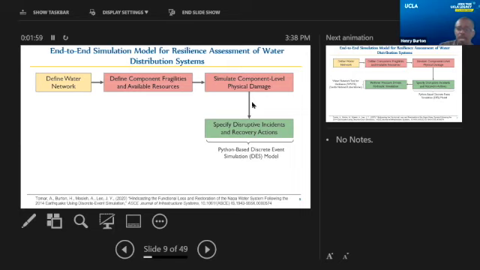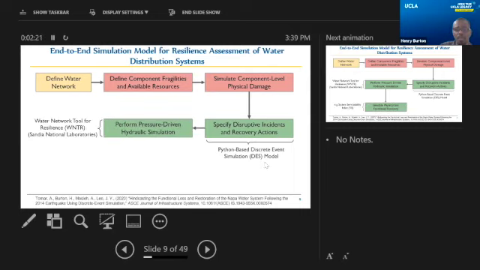Well, it means that it's going to affect the hydraulic pressure within the pipe. So we want to be able to go from physical damage to functional disruption, as well as the recovery activities that are involved in that disruption and the restoration. And we do that using a Python-based discrete event simulation model, which I'll talk about a little bit.